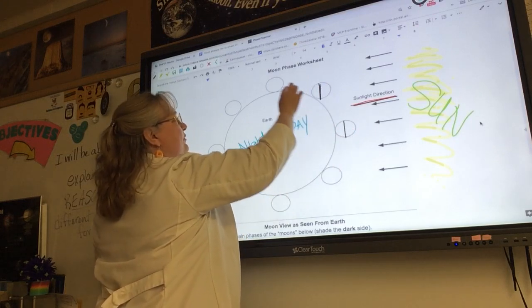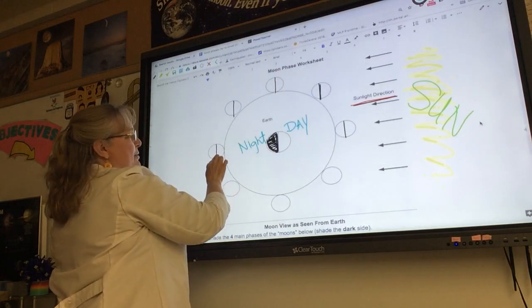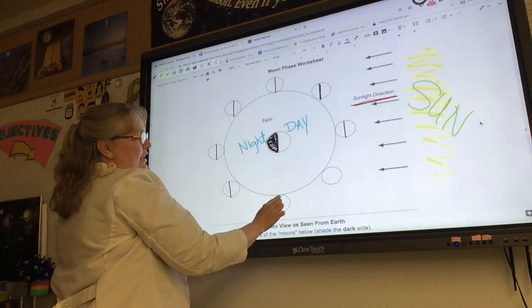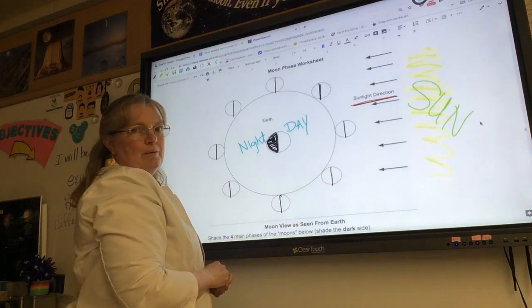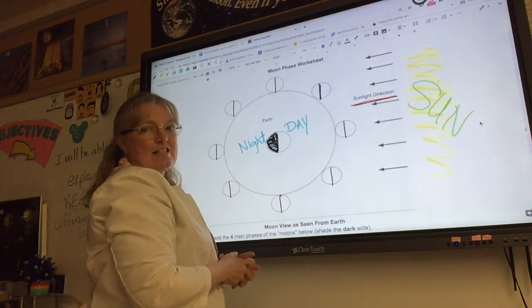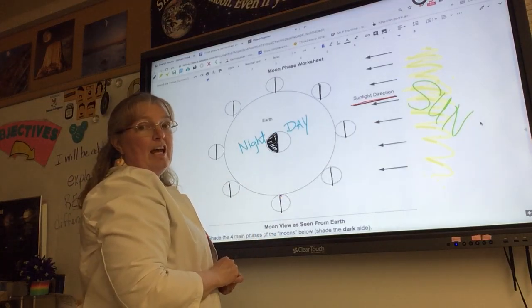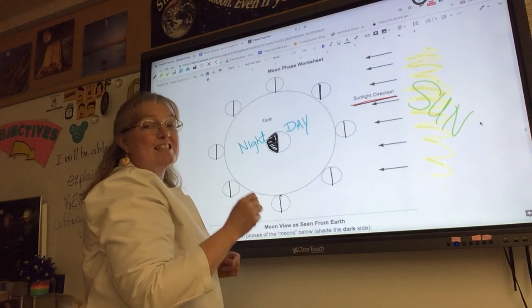Right down the middle. And I'm not turning my paper, so that I have each one divided in half. All right? Just like our Earth, every side facing the sun is going to stay the color of the paper, and every side facing away from the sun is going to be shaded in because it's in the shadow.